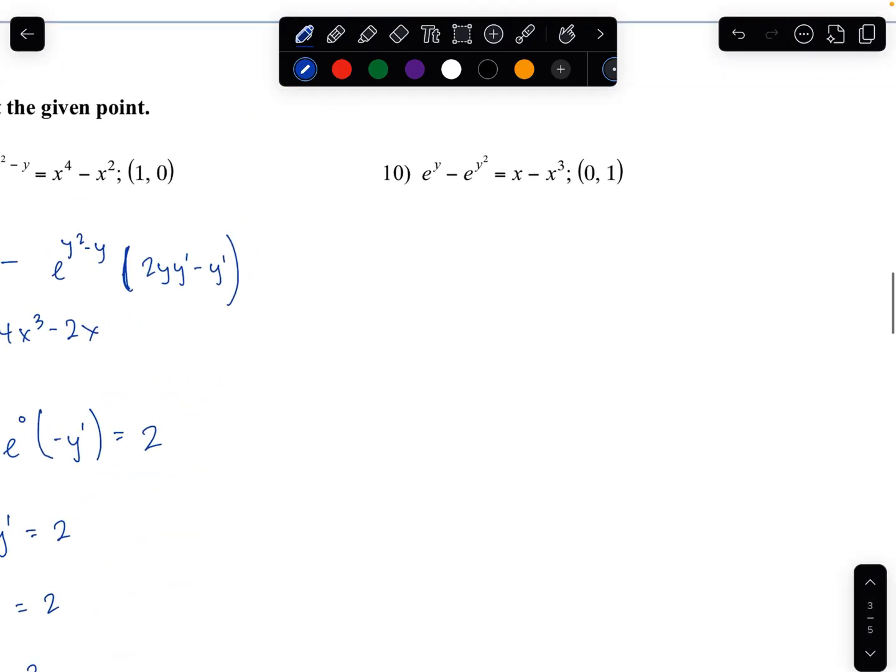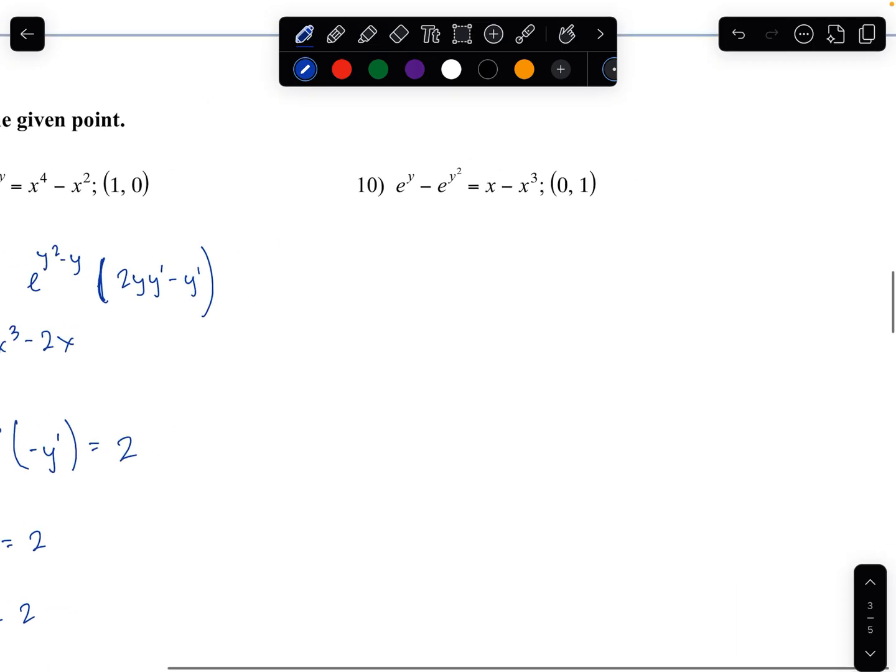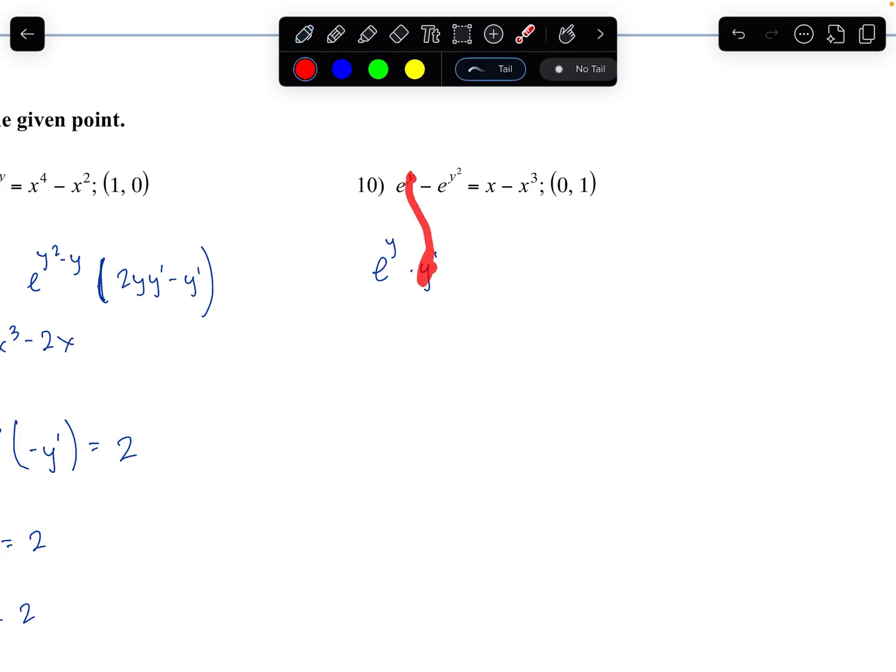Okay, for this one, looks like it's pretty similar. So that will be e to the y times y prime for the chain rule, the derivative of the inside, minus e to the y squared times 2y prime, that's for the chain rule, the derivative of the inside, equal to 1 minus 3x squared. And then I'll plug in 0 for x and 1 for y.